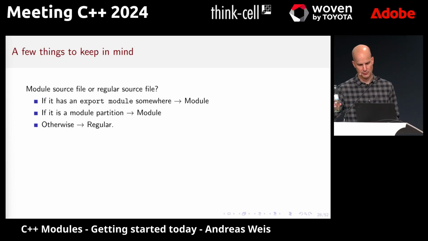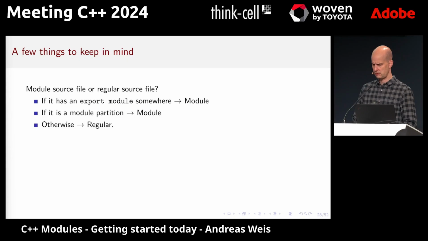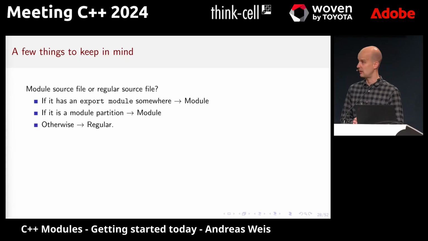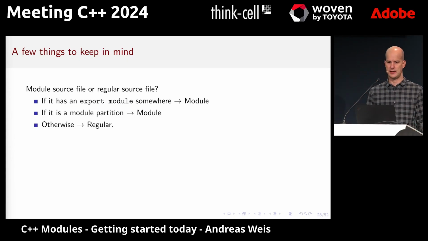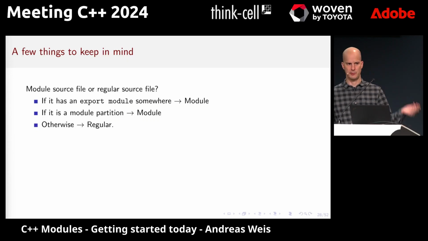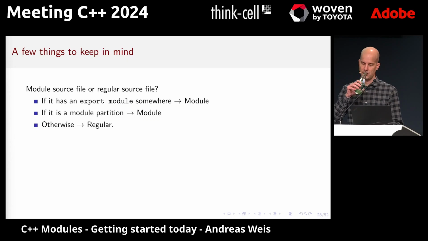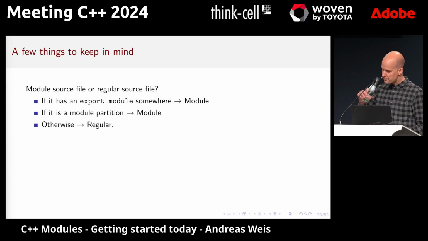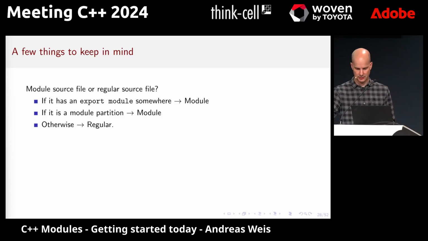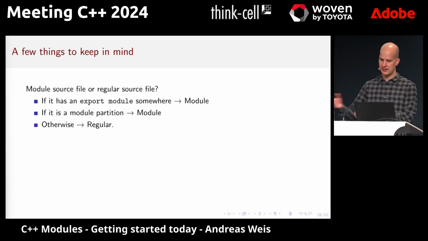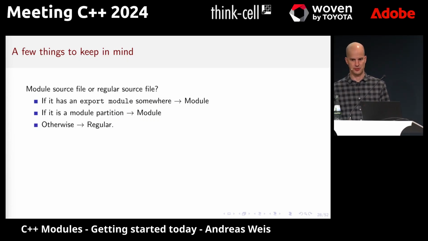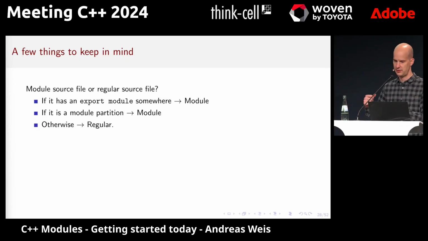A few things to keep in mind. One thing is, when is a source file actually a module source file? When should I put it into this CXX_MODULES file set in the CMake file, and when does it just go into the normal source file section as before? The simple rule here is if there's an export module somewhere in the source code, it's a module source file.